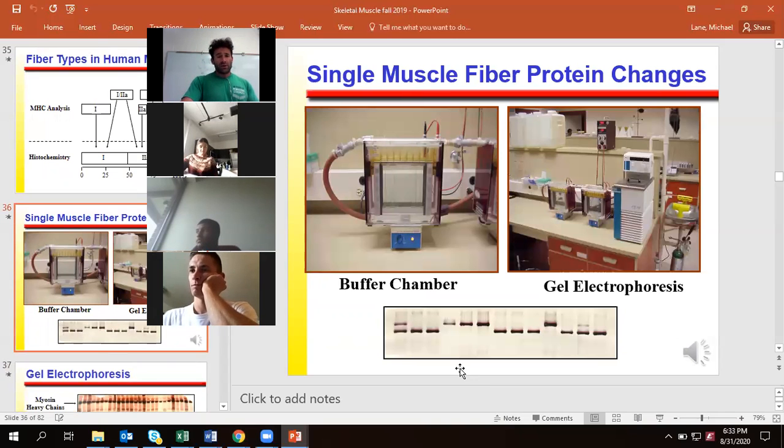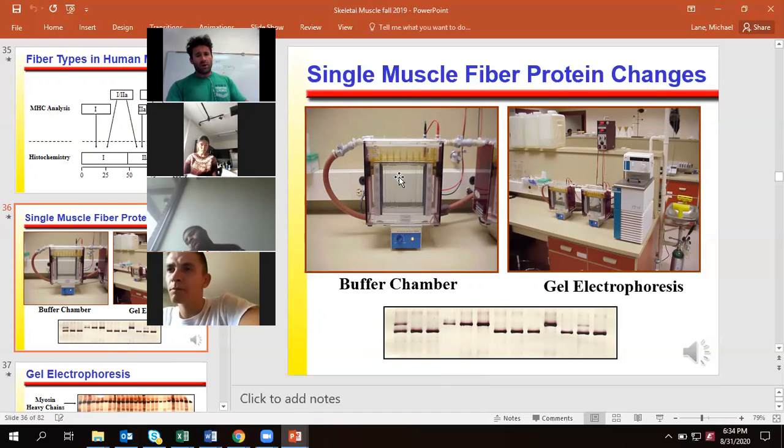Now, when you take those individual fibers, so you do that muscle biopsy, and instead of mounting it on a slide, you take individual fibers and break them down using an extraction buffer and some mechanical destruction. You're going to then run that fiber through this. This is the type of gel you'd run overnight. So it's on its own stir plate, so it has circulation. It's going to have a pumping system of fluid going through it over here, so that they're never going to overheat.